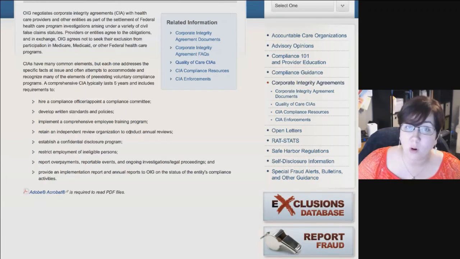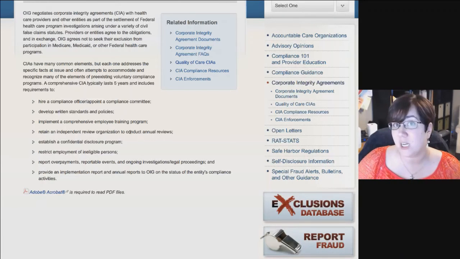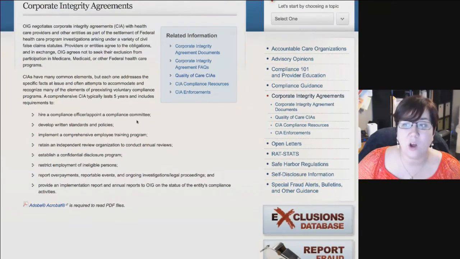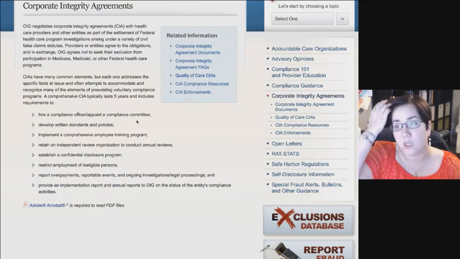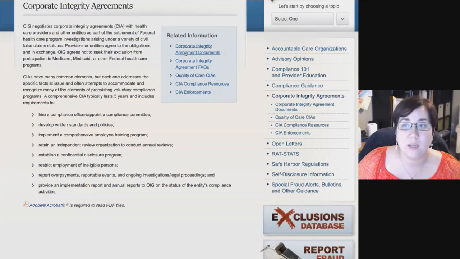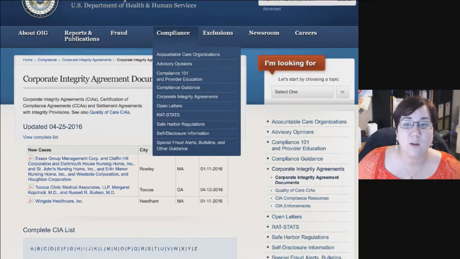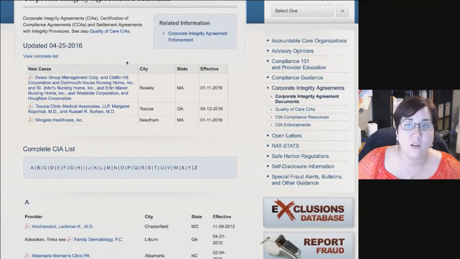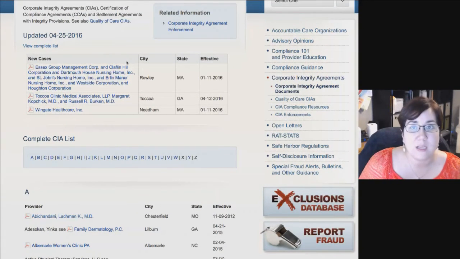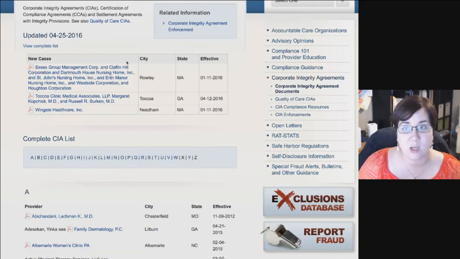So they have to report on an annual basis back to the OIG how they're doing at keeping up with all of this. Now, I said that these CIAs are public. They're here on the website. You can actually go where it says Corporate Integrity Agreement Documents. If you click on that link, it gives you a list of all of the corporate integrity agreements and certification of compliance agreements, or CCAs.